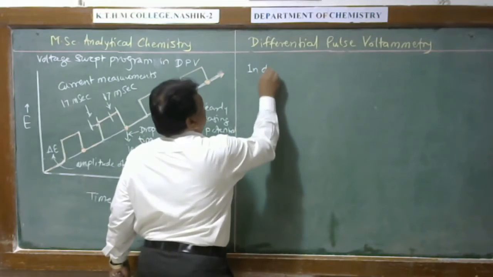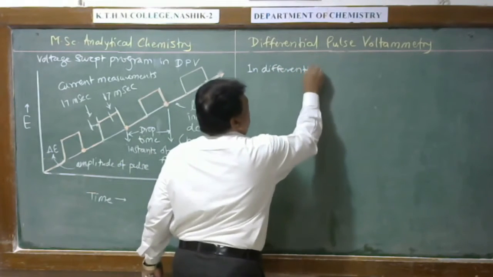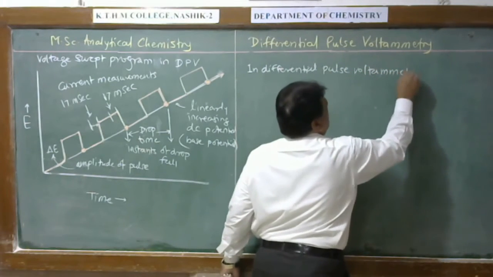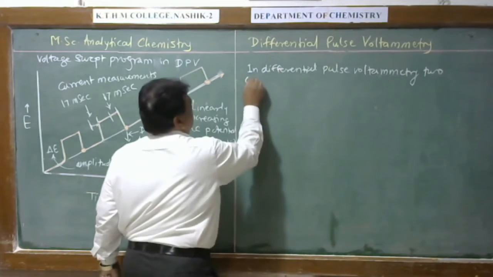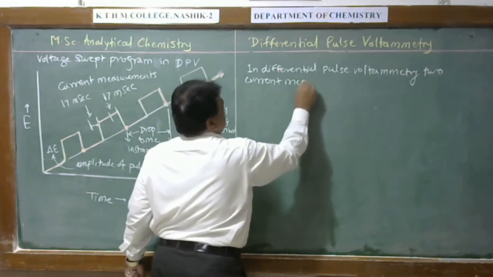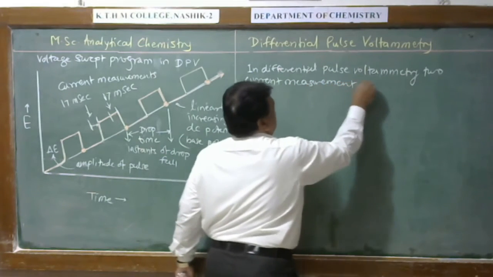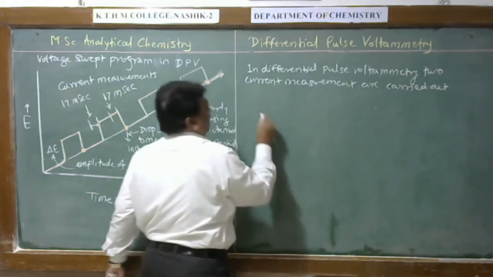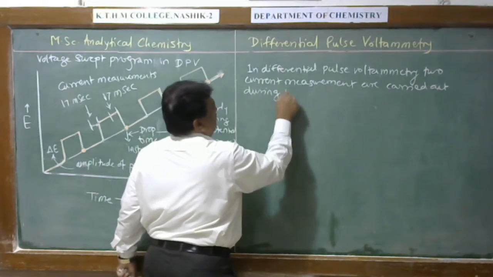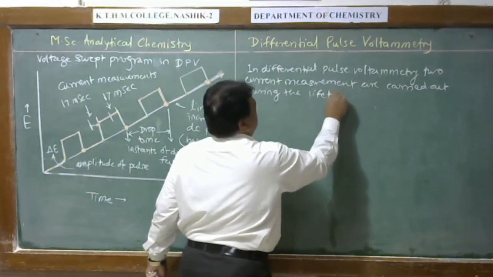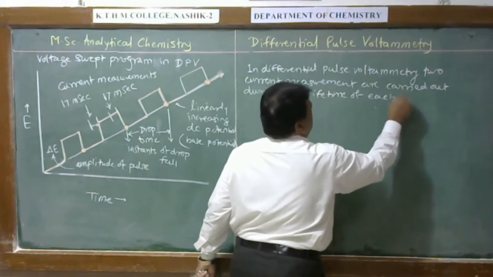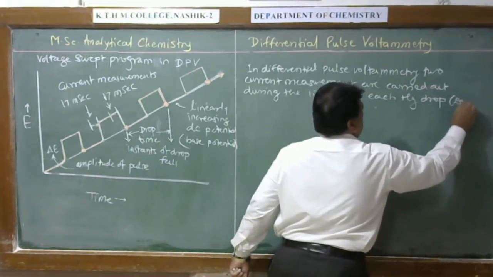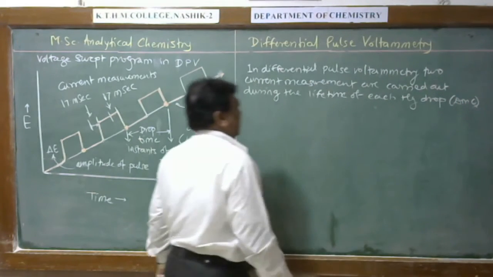In differential pulse voltammetry, two current measurements are carried out during the lifetime of each drop of the dropping mercury electrode, or when a static mercury drop electrode is used as the electrode.